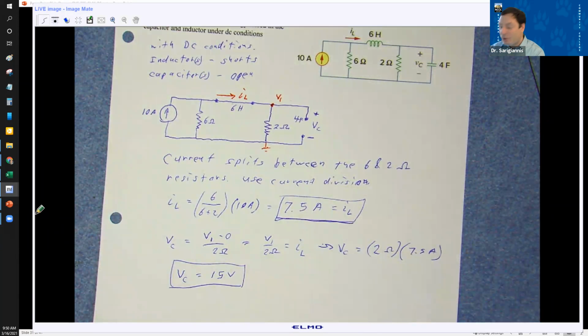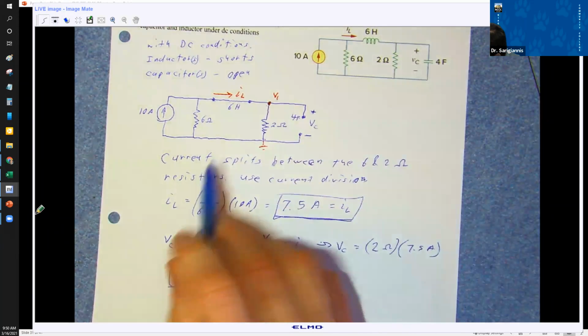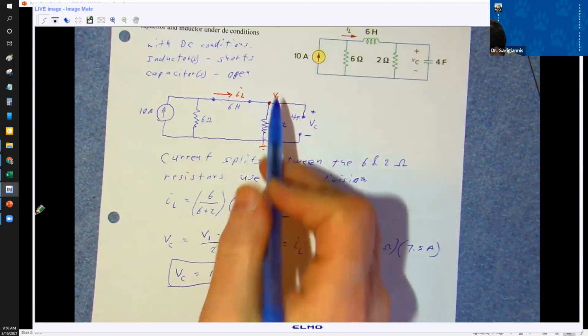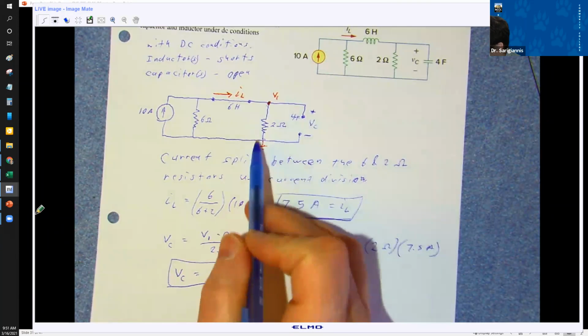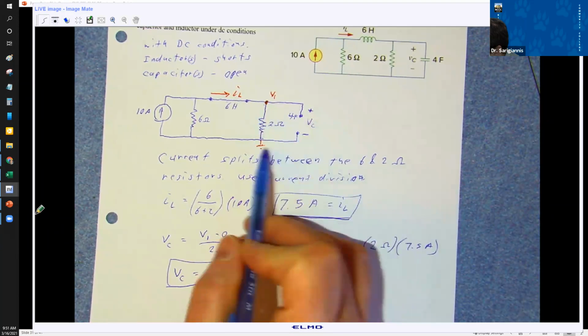You still have this node up here, and you have this other node over here, which I arbitrarily chose as ground. You've got this voltage potential over it, right? And that's the same as this voltage potential between here and here.